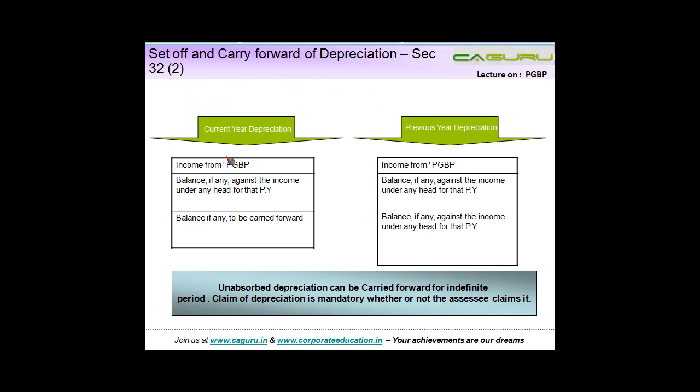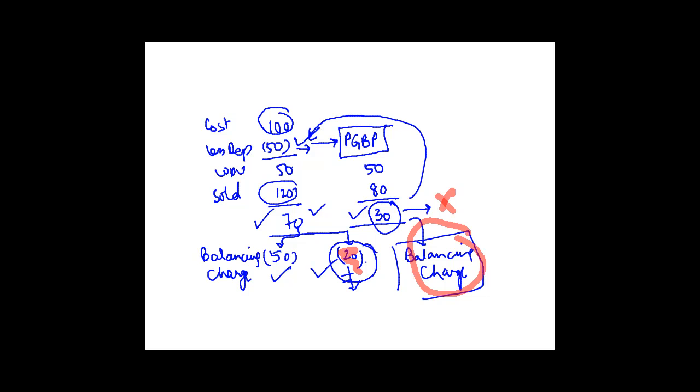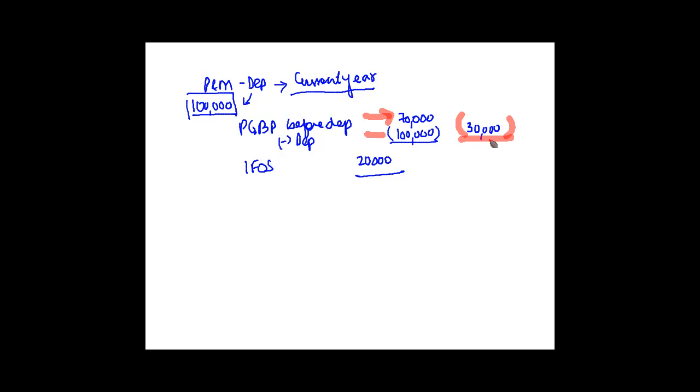The second thing is that the balance, if any, can be set off against income under any head for that previous year. If I go back, what I notice here is that after setting this off, I have income from other sources amounting to 20,000.